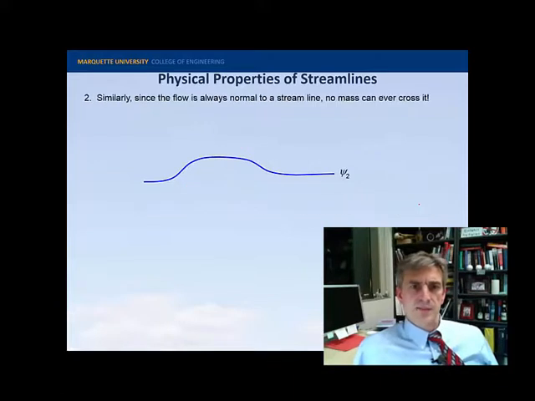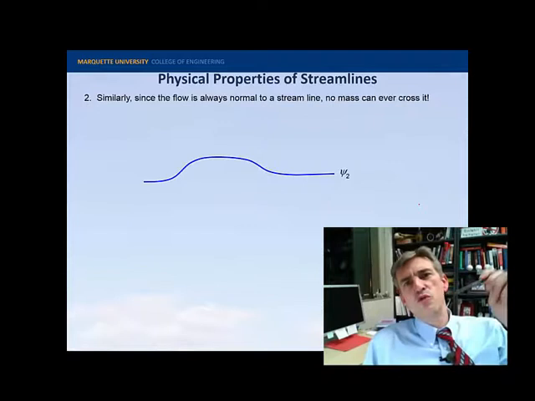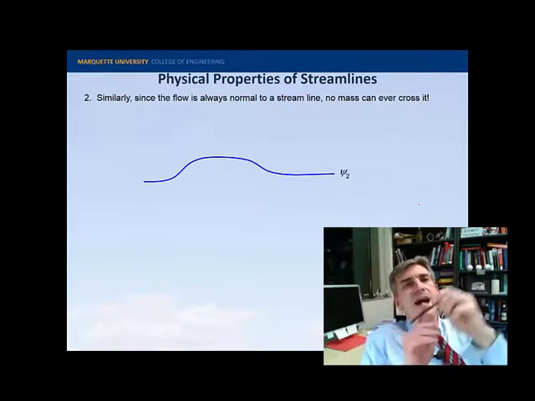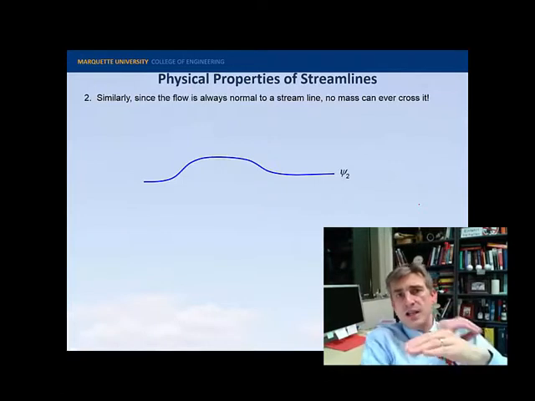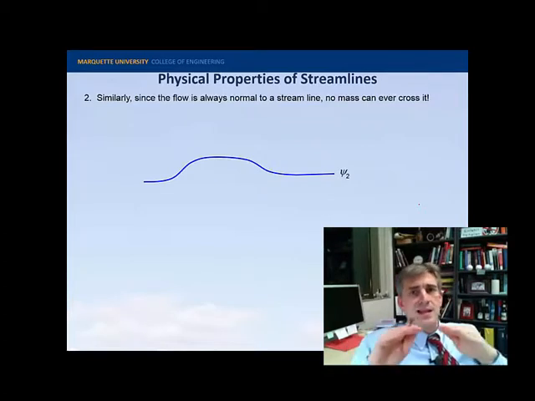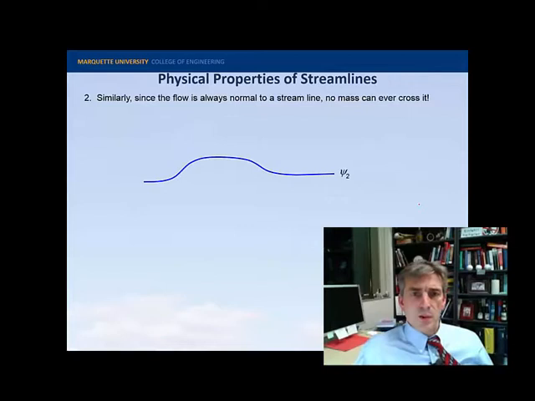So really it means there can be no flow normal to the streamline. If there's no flow normal to the streamline, mass can't cross the streamline, right? It has to have a component of velocity normal to it to cross. So the streamline acts like a solid body.